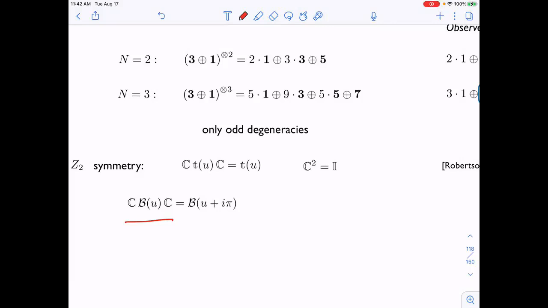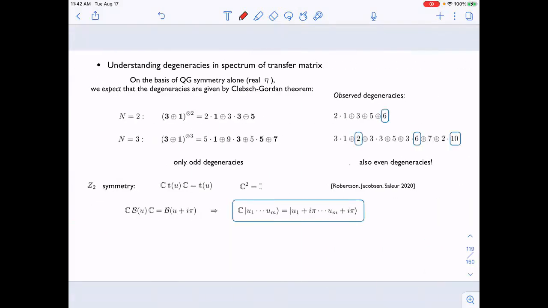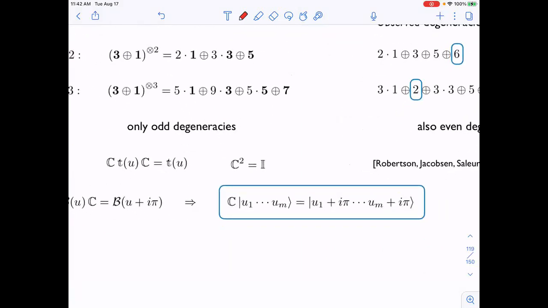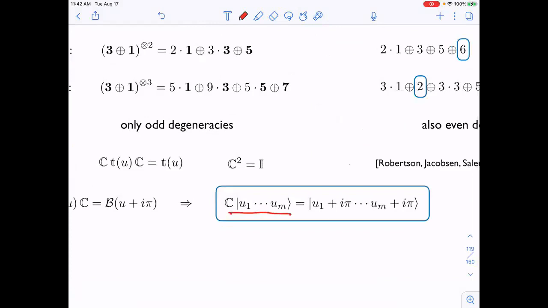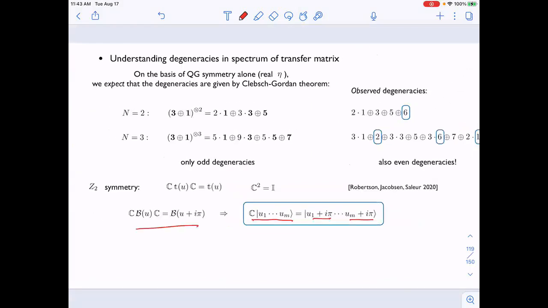And what it does very nicely, it shifts the argument by i pi. So that means that if you take this C operator and act on a Bethe state, it just shifts all the Bethe roots by i pi. u1 gets i pi, and then un goes to i pi. Same for all of them, because of this simple fact.